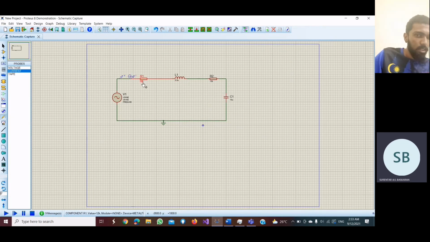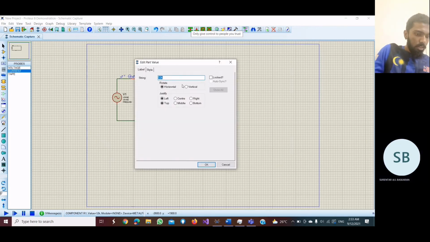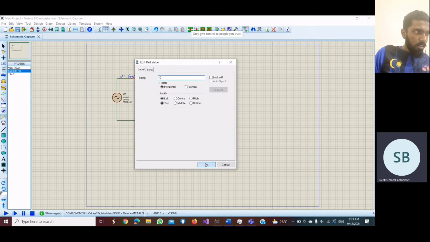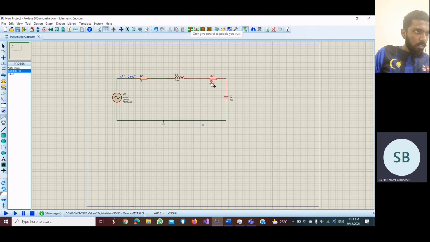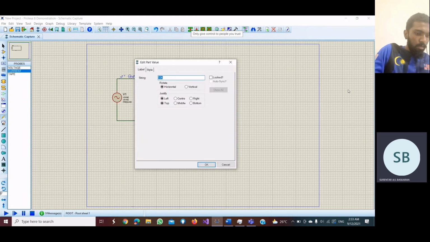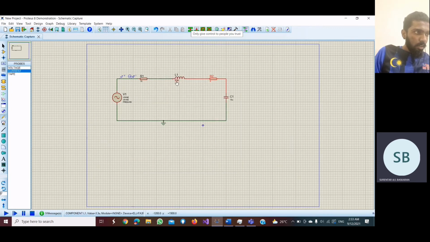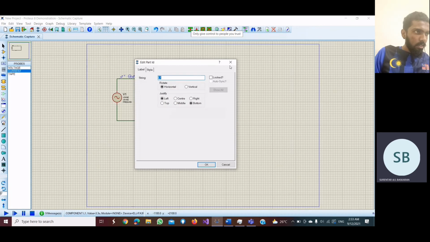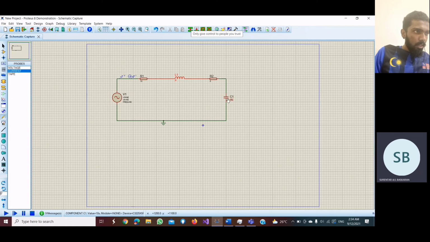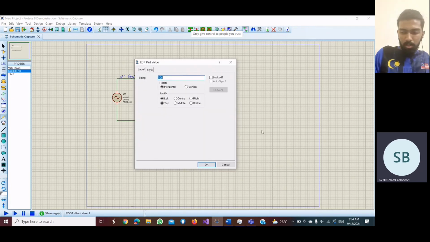And then the values of the resistors. The first one is 10 ohm, the second resistor is 5 ohm, the inductor is J5, and the capacitor is negative J10.